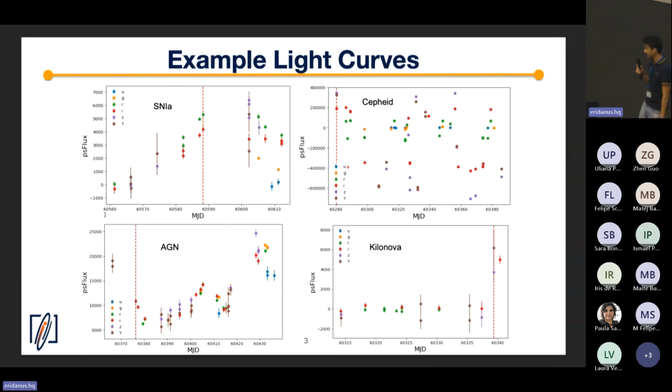On the plots, you can see the red bar, which corresponds to the trigger. And for example, you can see with the SN1A example that given the cadence and the number of passbands, it will be very important to use properly this 6 passband information because looking at each passband individually will be very tough to give some proper classification.